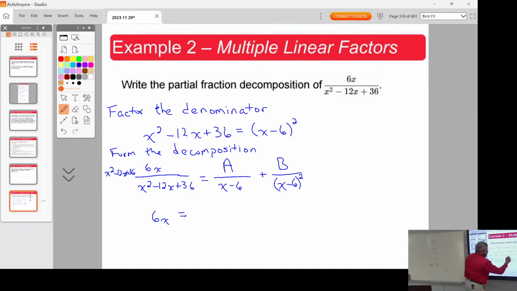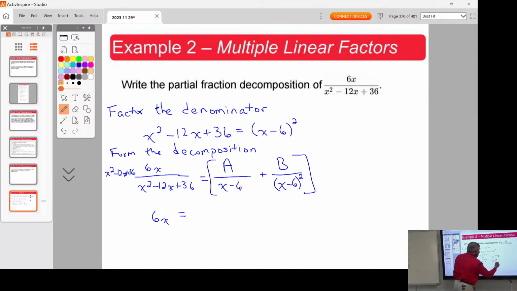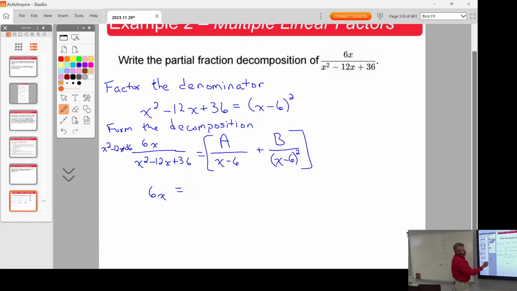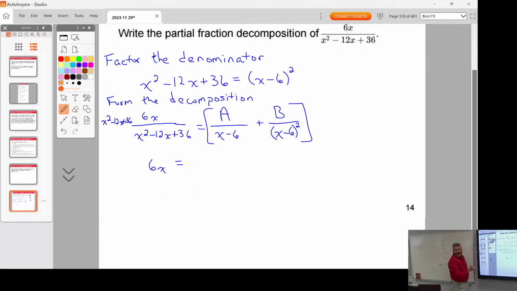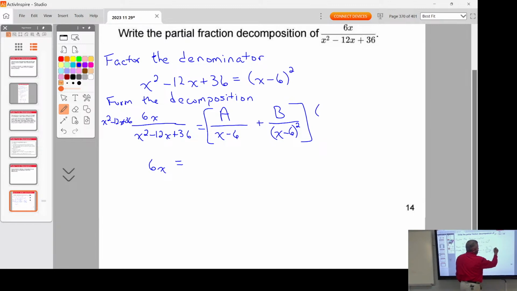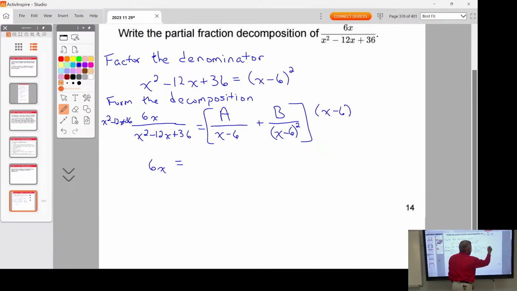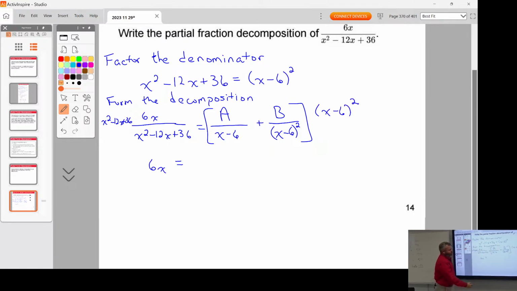Multiply the right side by x minus 6 squared. If I multiply the first fraction by x minus 6 squared, what's left?